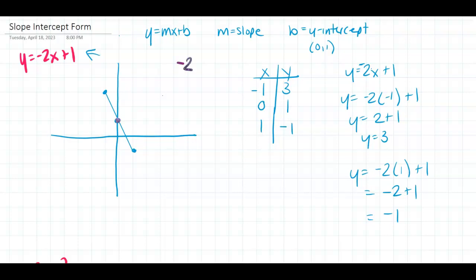So if I write my slope as rise over run, up and down over back and forth, I have to make negative 2 into a fraction. So it's going to be negative 2 over 1, or I could write it as 2 over negative 1. They're both the same. If I were to simplify both of these, they would still end up being negative 2. So that means my rise is negative 2.